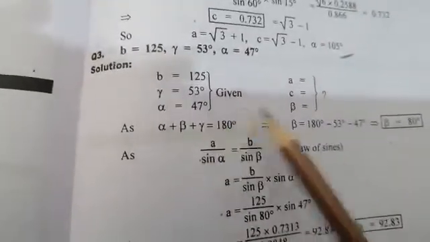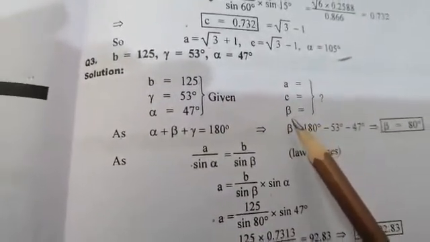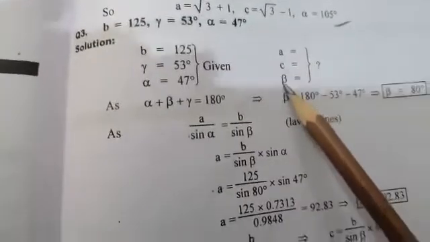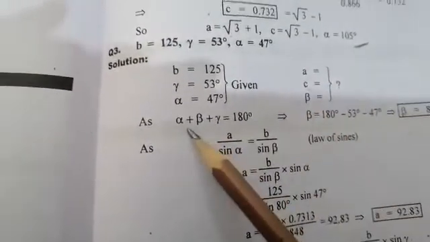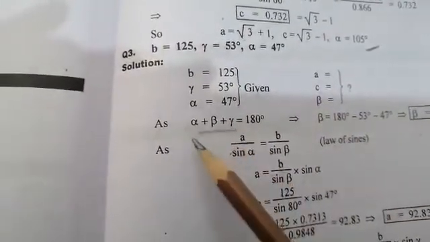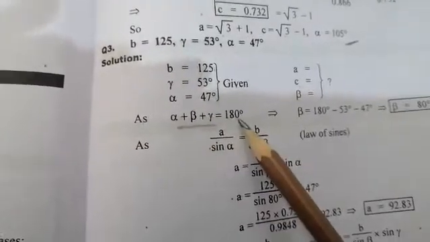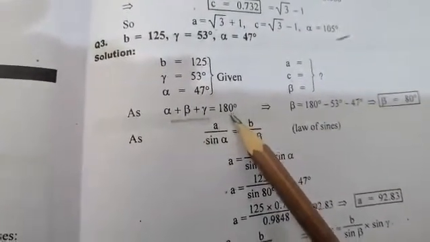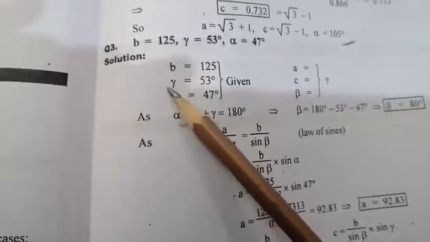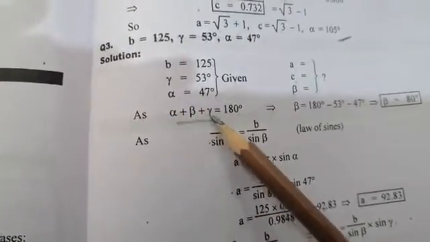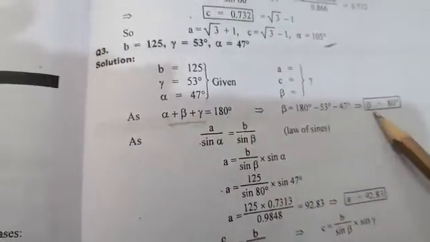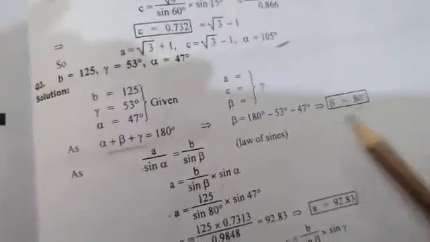This information is given, and these things we have to find: side a, side c and angle beta. As we know this rule, the sum of 3 angles is always equal to 180 degrees. So putting alpha and gamma in this, we can easily find beta, that is 80 degrees.